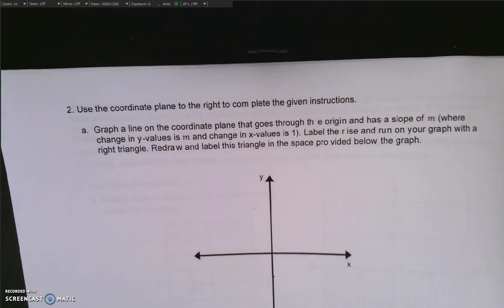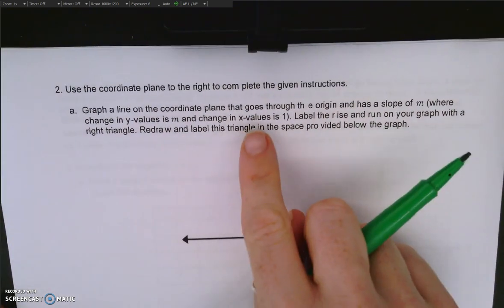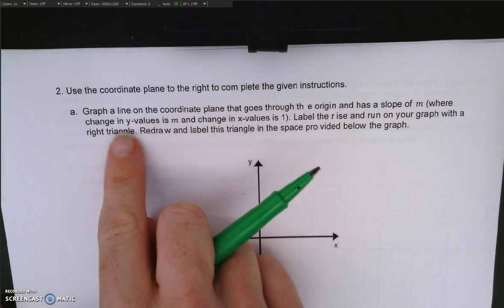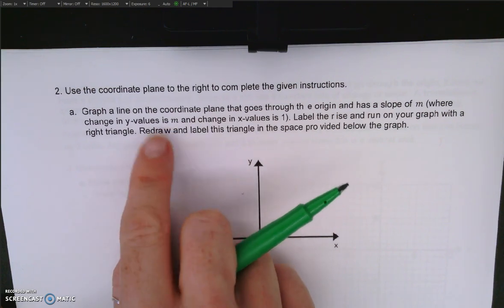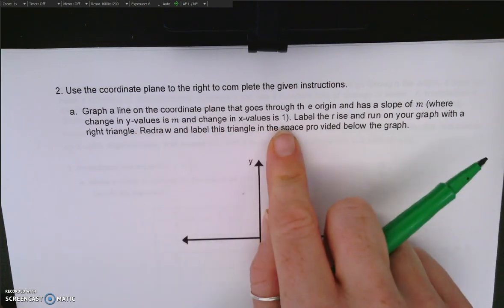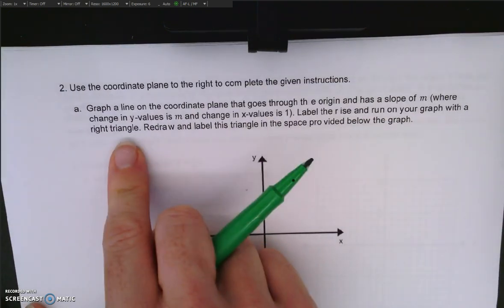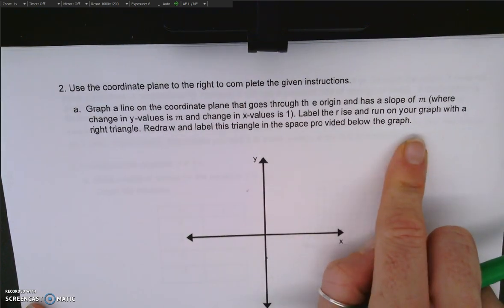Number 2 says use the coordinate plane to the right to complete the given instructions. Part A. Graph a line in the coordinate plane that goes through the origin and has a slope of m, where change in y values is m and change in x values is 1. Label the rise and run on your graph with a right triangle. Redraw and label the triangle in the space provided below the graph.